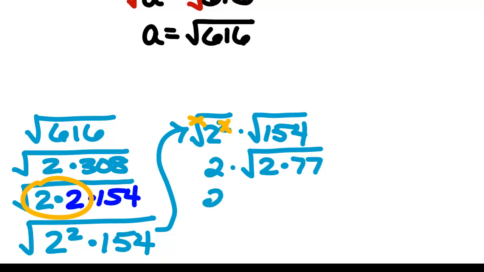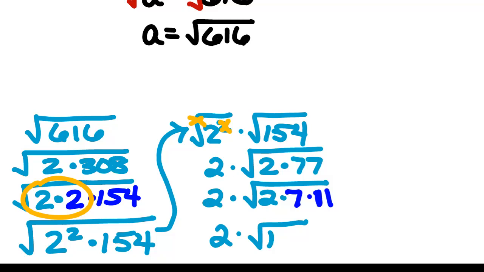What goes into 77? 7 and what? 7 and 11. What goes into 7? Itself. What goes into 11? Itself. I've got 3 prime numbers here. Nobody else is going to find a match. So I'm going to have to multiply them back together.